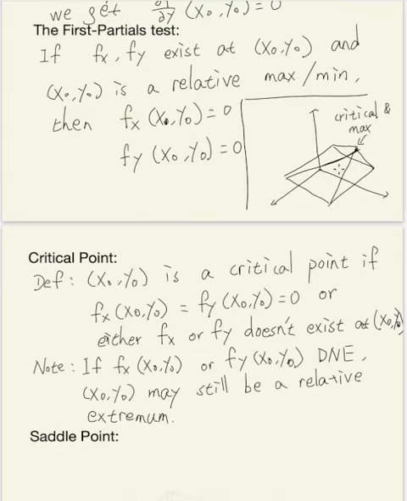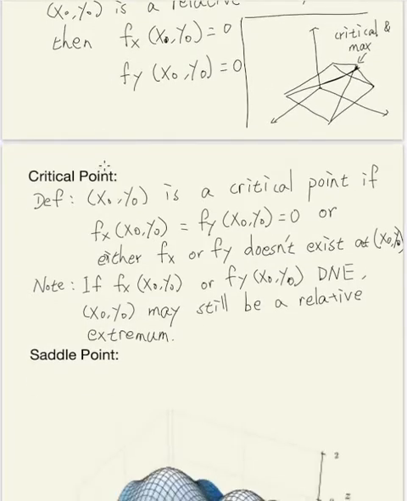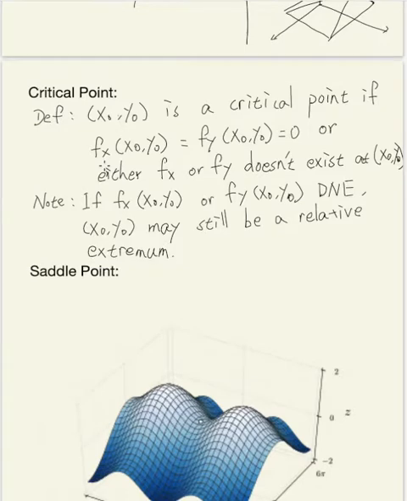So the derivative not existing doesn't necessarily imply it's not a relative extremum. Okay, but for a majority of the equations you will encounter, the derivative should exist everywhere. There might be some cases where you have to consider these corners though.